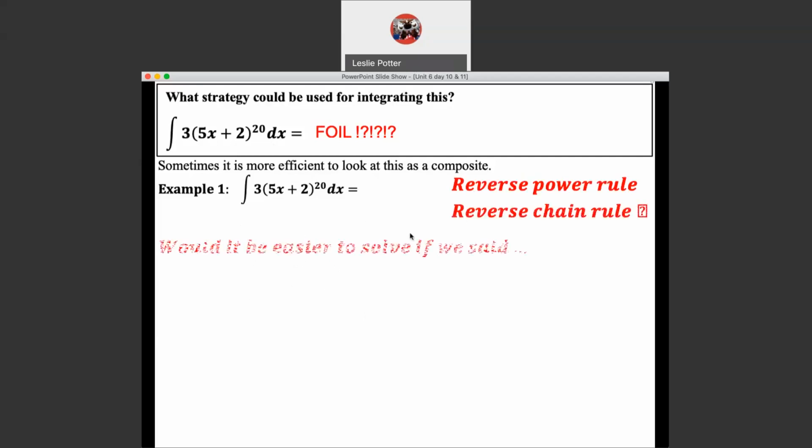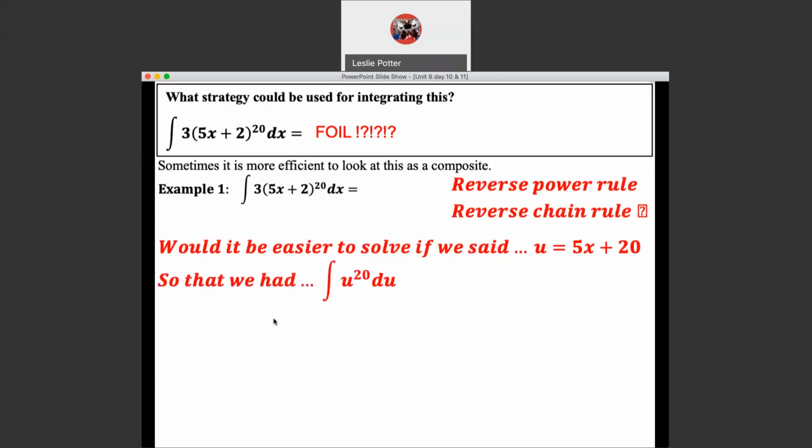In doing so, we are going to pose this question here. Wouldn't it be easier if we solved this expression, the antiderivative of u to the 20th? Then we can literally just reverse the power rule. So that's the direction we're going to go in: we're going to rip out the inner function of the composite expression and call it a u.